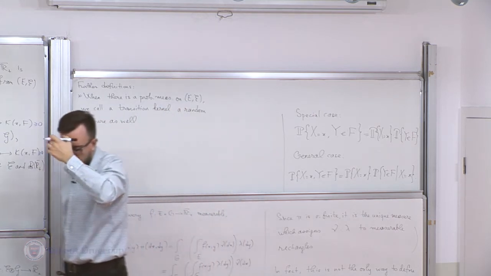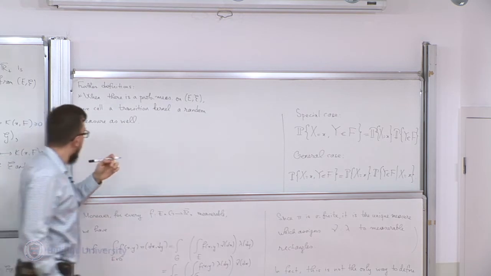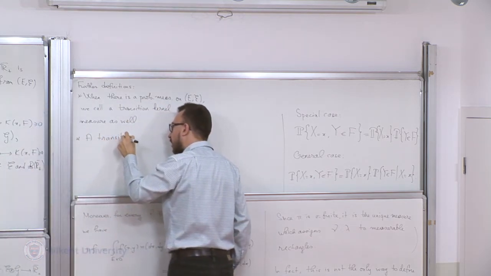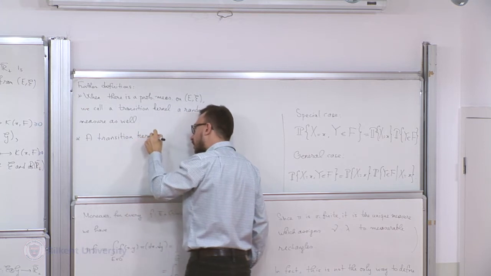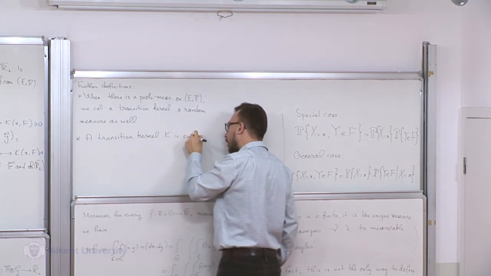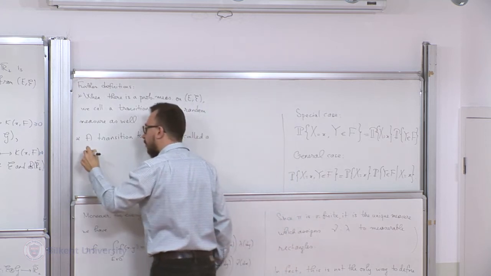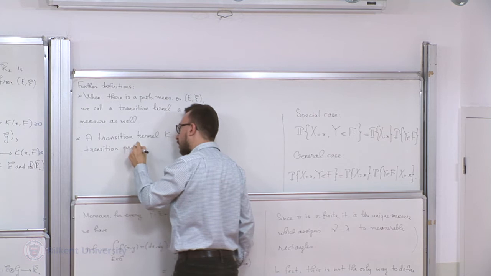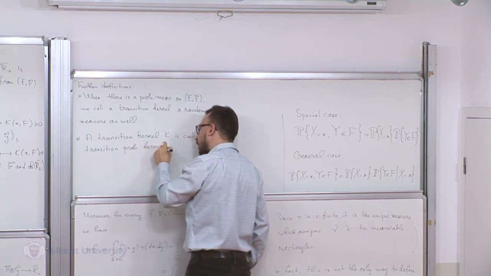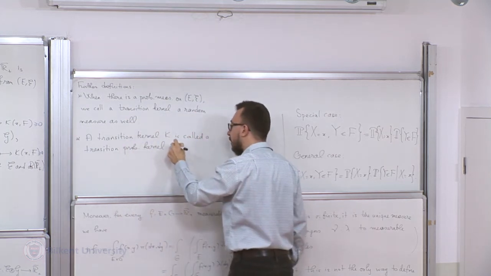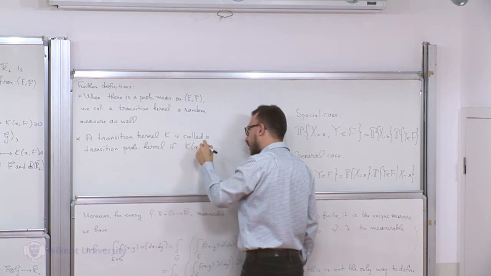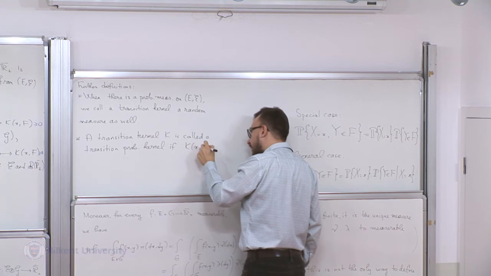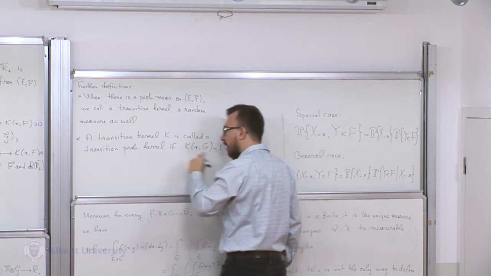More things. A transition kernel K is called a transition probability kernel if the measure part is a probability measure. So if K(x, G), the full set, is 1 for every x.